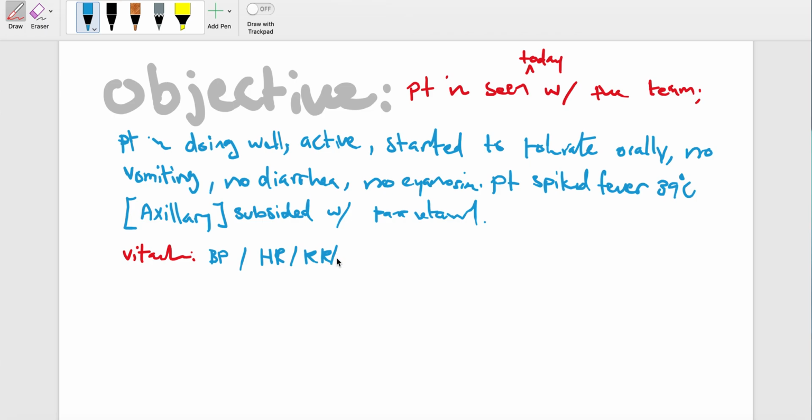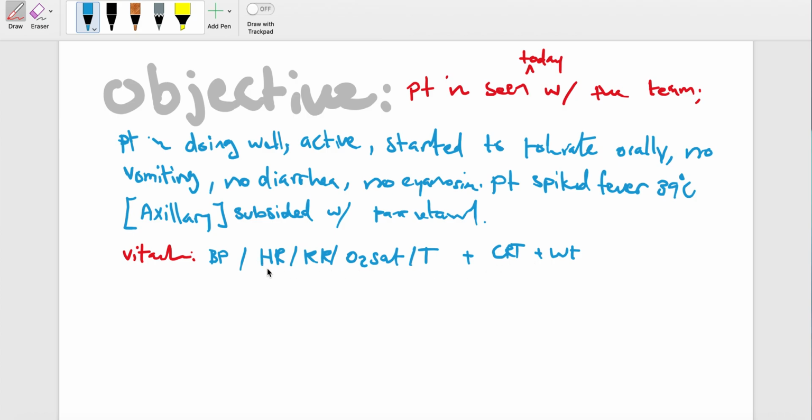Then respiratory rate, oxygen sat, and temperature. Plus, I prefer to put the capillary fill time and the weight in this part, which is the vitals, in case of pediatric patients or certain conditions in adults, so as not to forget.